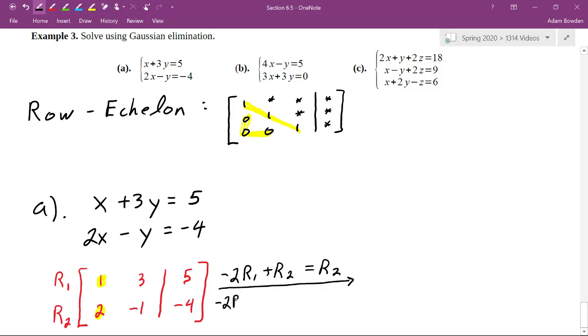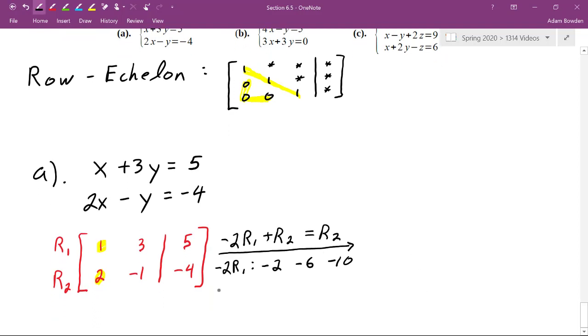So negative 2 times row 1 is negative 2, negative 6, negative 10. And if I add that with row 2, which is 2, negative 1, and negative 4, that's going to become my new row 2, which would be 0, negative 7, and negative 14.